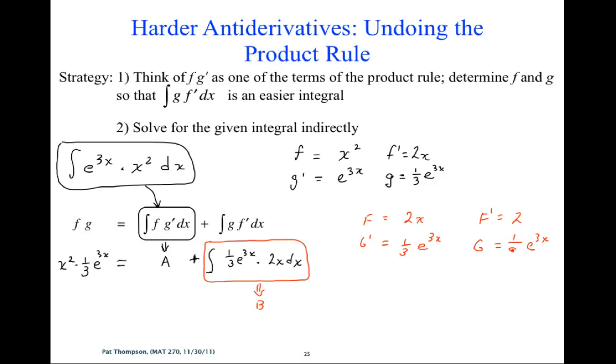We need another 1/3, so it'd be 1/9. Okay, so B is going to equal capital F times G minus the integral of capital G times F prime, which is 2x times 1/9 e to the 3x.